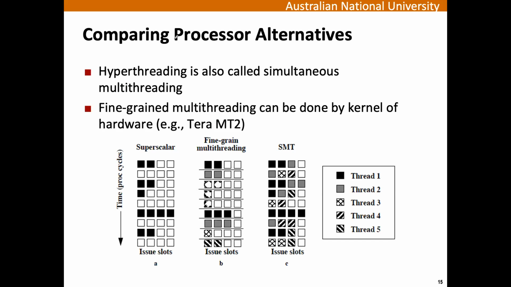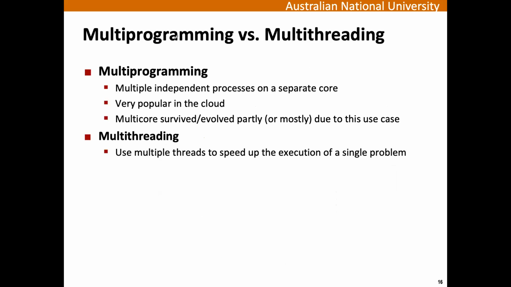It's trying to exploit ILP just like superscalar, and it's trying to hide latency. So if one thread has a long latency operation, it's waiting for memory, probably the other thread has some useful work that could be scheduled on the functional units.